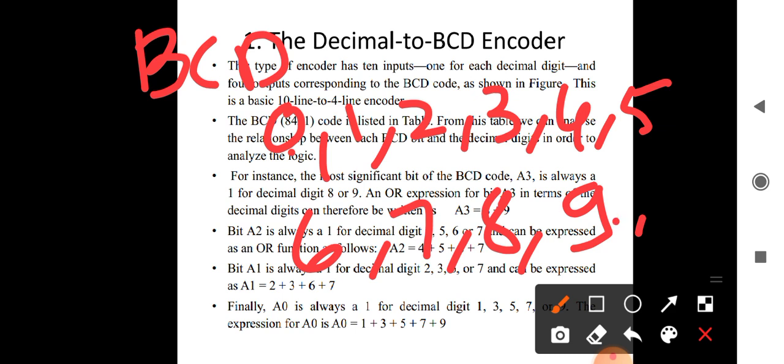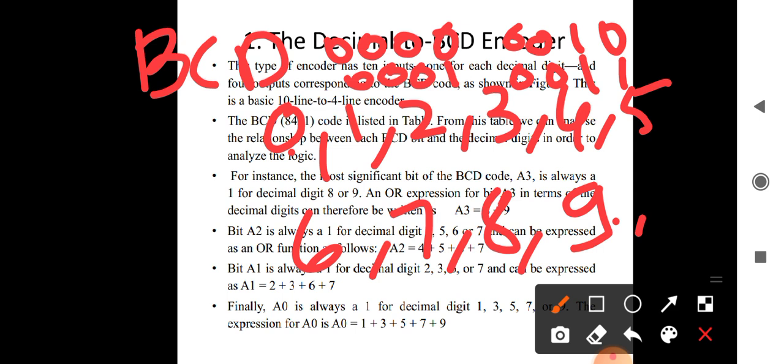For 0 we can represent it as 0000. For 1 we can represent 0001, for 2 we can represent 0010, and for 3, 0011.